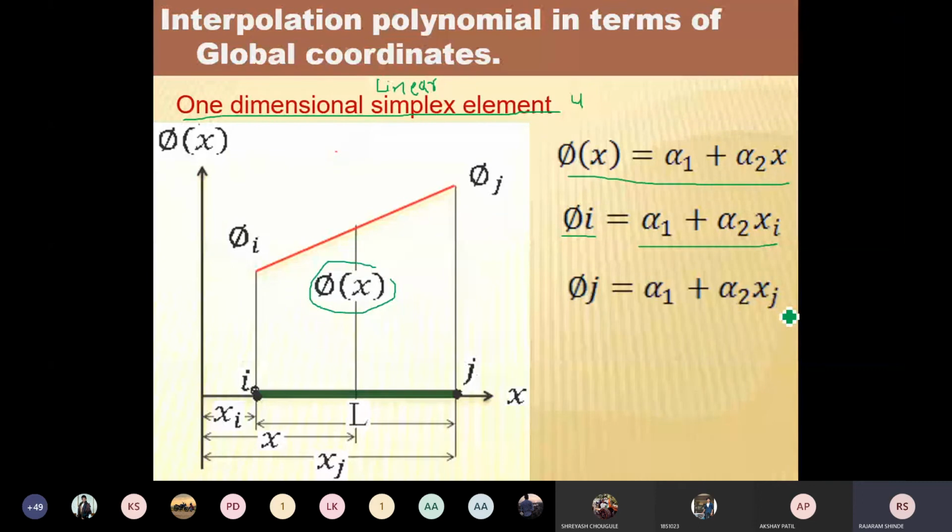Same thing we did in structural analysis, where we took u as the field variable with the equation a plus bx. Here we have taken alpha 1 and alpha 2. Now you can write these equations in matrix form.